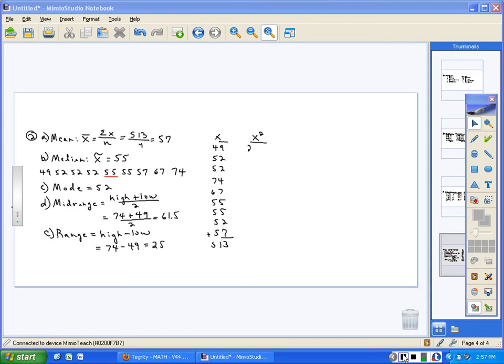So 49 squared is 2401, 52 is 2704, and that's twice. 74 is 5476. 67 is 4489. 55 is 3025, and we have 2 of those. 52 is another 2704, and 57 is 3249.